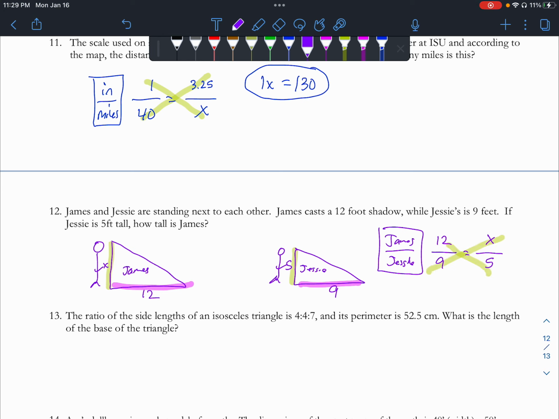You guys are getting this theme pretty well. 60 equals 9x. You will end up with a decimal for this one. It is 6.6 repeated over and over. So James is 6 2/3 feet tall, aka 6 feet 8 inches.